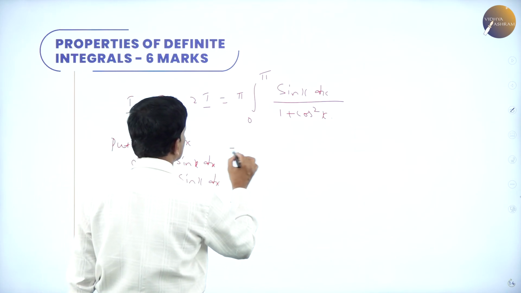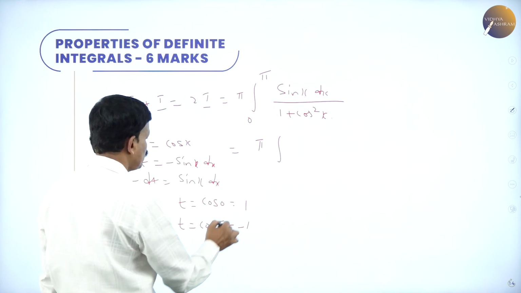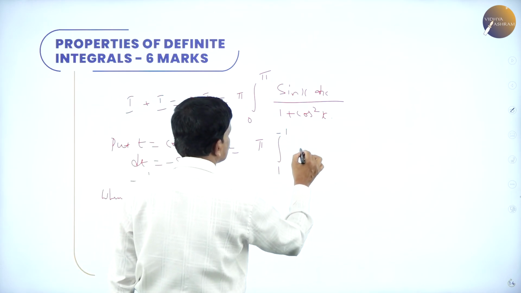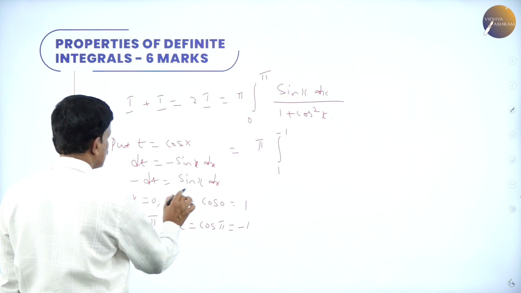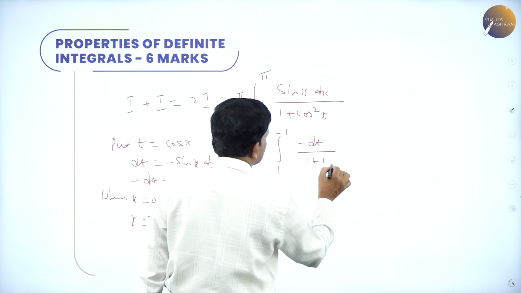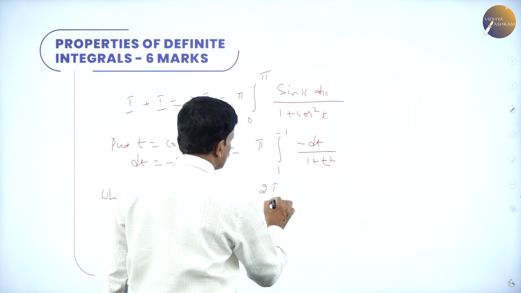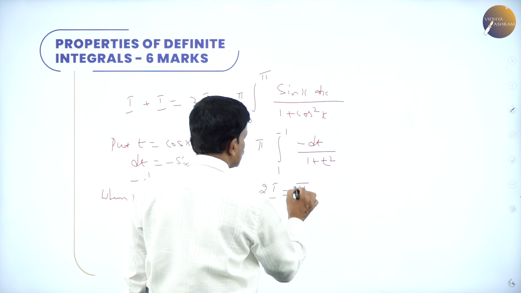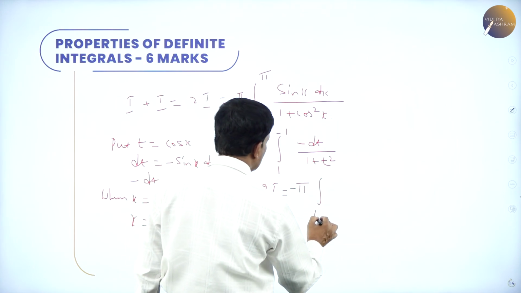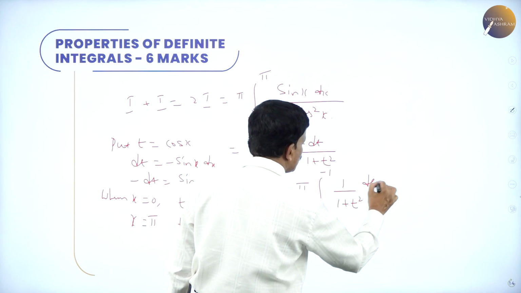This given integral reduces to pi into the integral from 1 to minus 1, where sine x dx is nothing but minus dt, divided by 1 plus t square, since cos square is t square. So therefore 2I is equal to pi into, just take minus out, integral 1 to minus 1 of 1 by 1 plus t square dt.